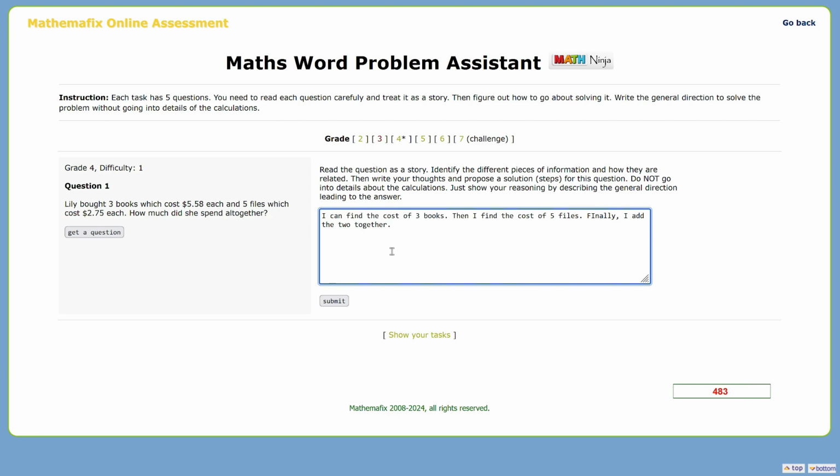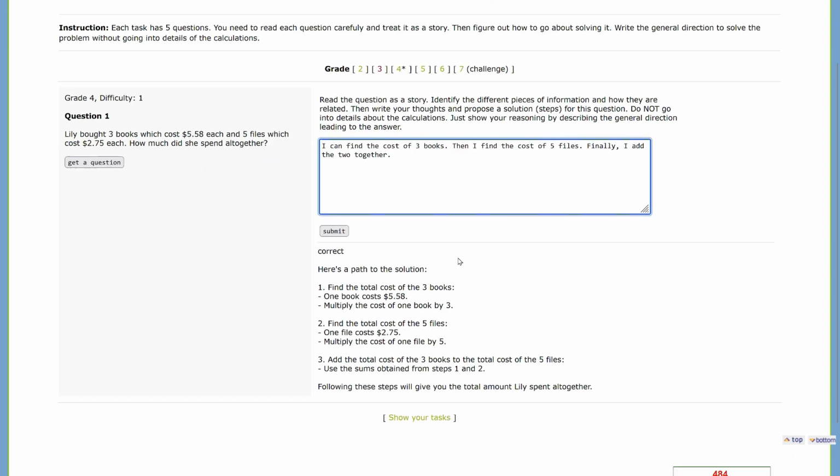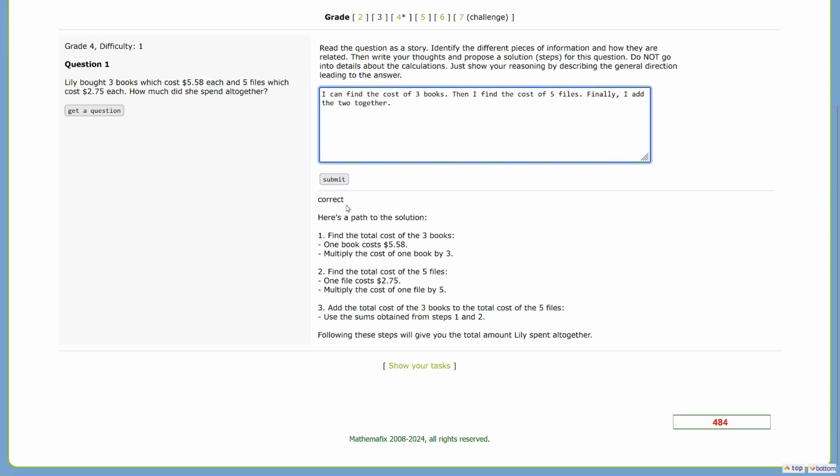Now, this idea should be good enough, and let's see how the AI responds to the idea. So we submit. Now the response from the AI says correct, and it says here's a path to the solution. Looking good.